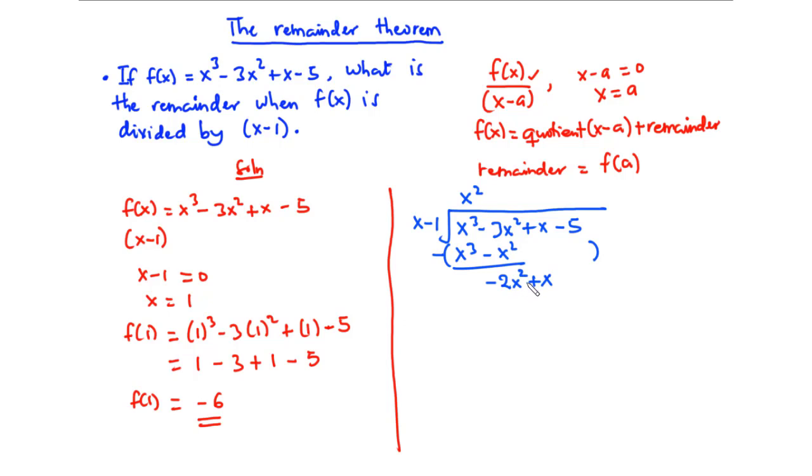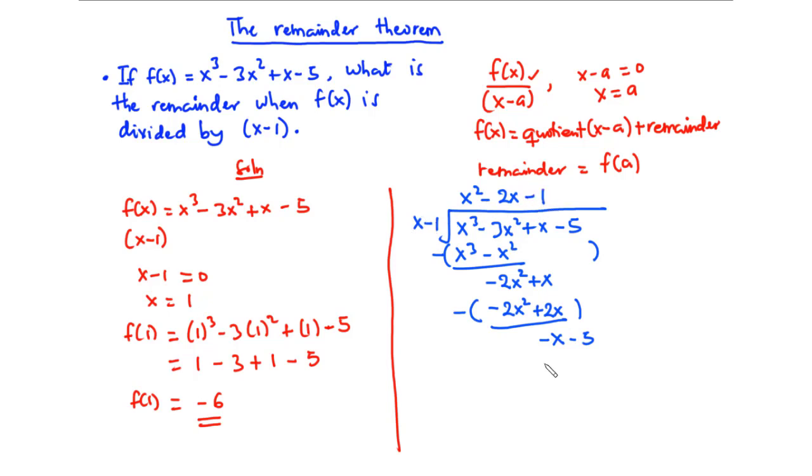Now negative 2x squared divided by x is negative 2x. Negative 2x times x is negative 2x squared. Negative 2x times negative 1 is plus 2x. Negative 2x squared minus negative 2x squared goes to 0. x minus negative 2x is negative x. Negative x divided by x is negative 1.